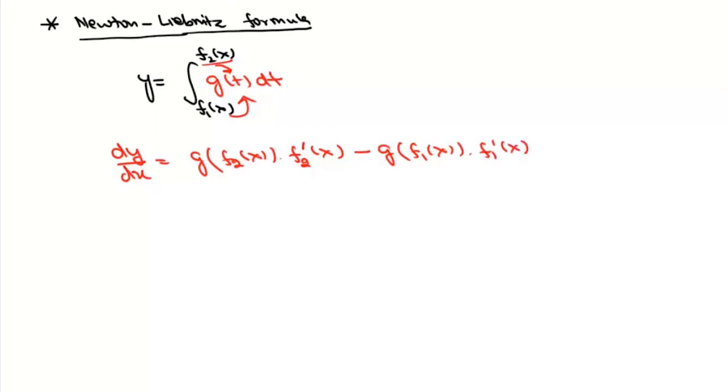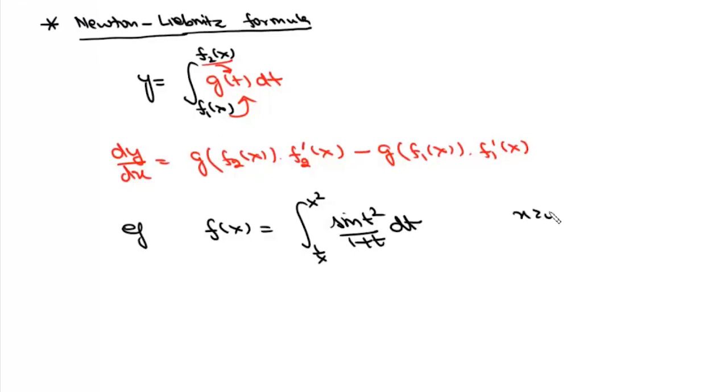Say, for example, suppose we have this function f of x, which is the integral from 1 by x to x square of sin t square upon 1 plus t dt, where x is greater than 0.